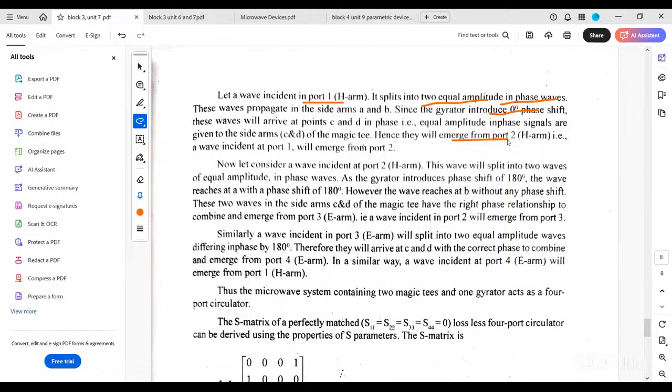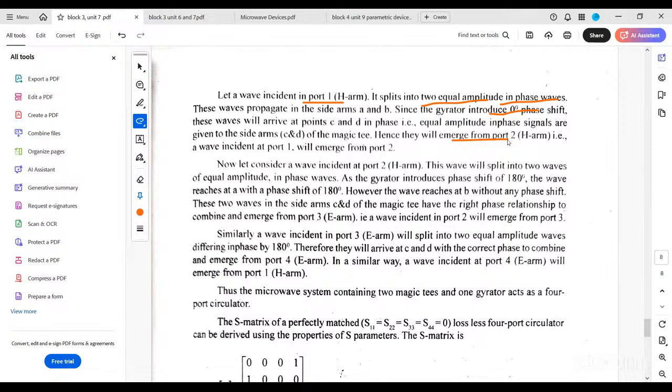Now take the second one. A wave is incident across port 2. Where does it come out? It comes to port 3. A wave incident on port 1 will come to 2. If incident on 2, it will come to 3. If incident on 3, it will come to 4.